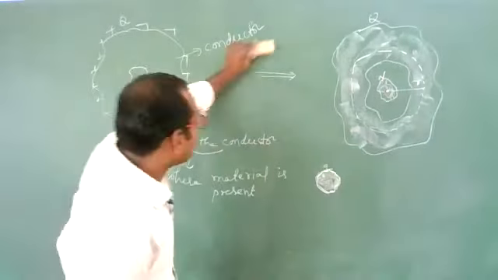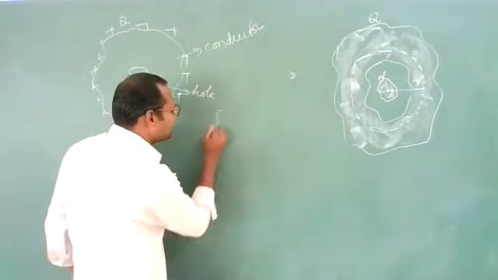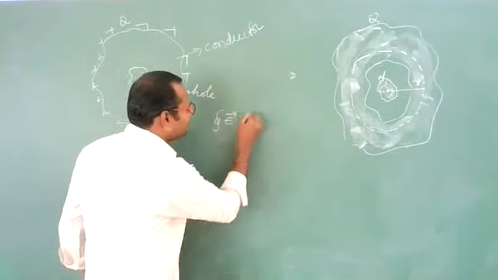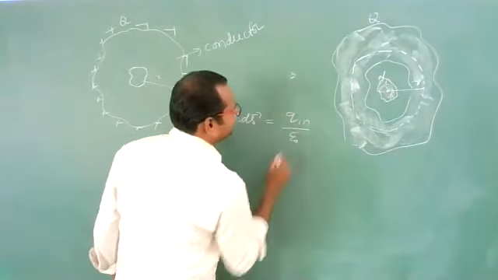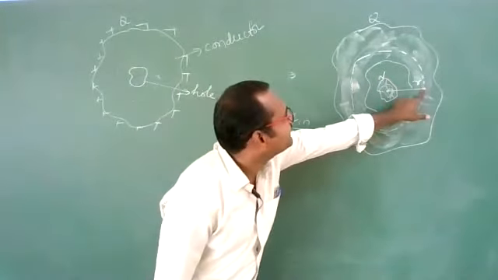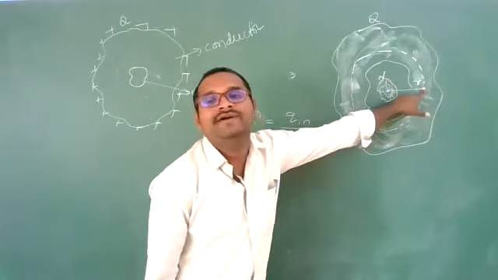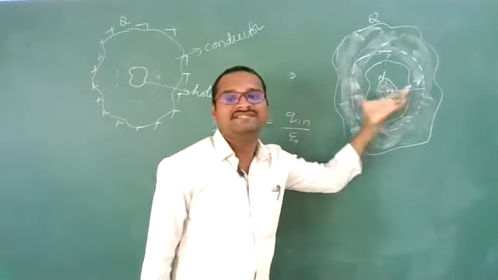According to Gauss law, the surface integral of E dot ds should be equal to q inside by epsilon naught. I am trying to find the electric field here due to the charge present inside the cavity.